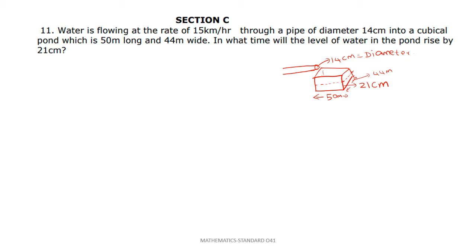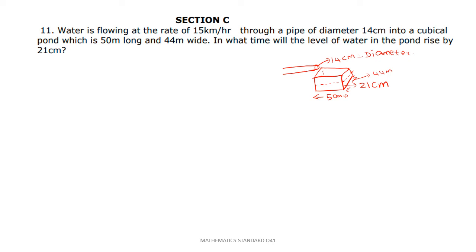So now what they are asking, how much time is needed to fill the water up to the level of 21 centimeter. Okay, that's what they are asking. In what time will the level of water in the pond rise by 21 centimeter?